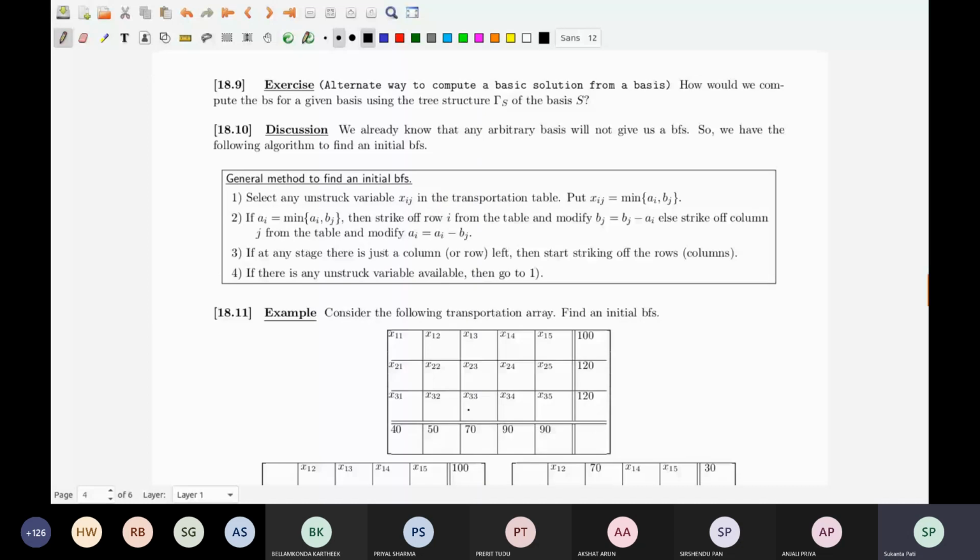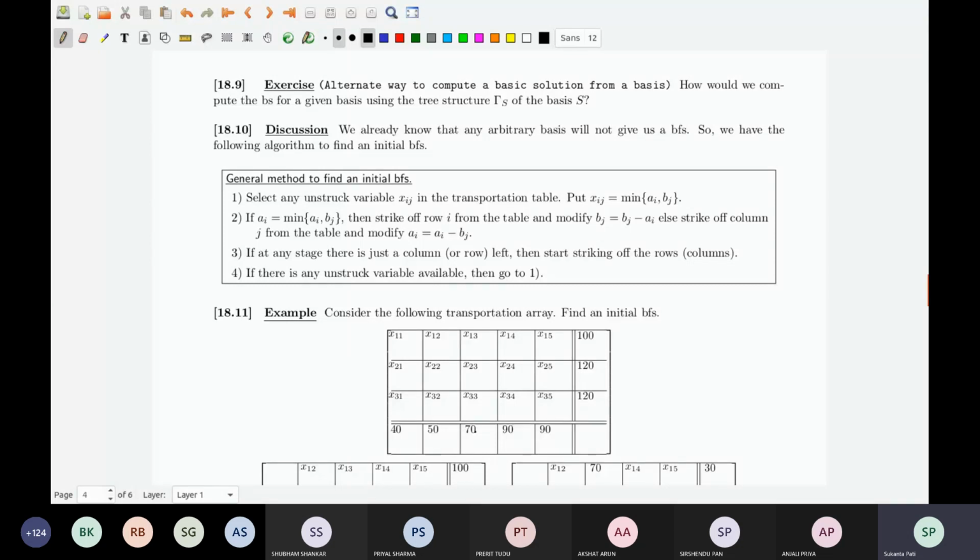Suppose I select x23. Now are you able to see this example 18.11? Yes, sir. Right. So if you select x23, you look at the a_i's and b_j's that have been given. This is in the second row, so a2 is 120, and in the third column, so b3 is 70.